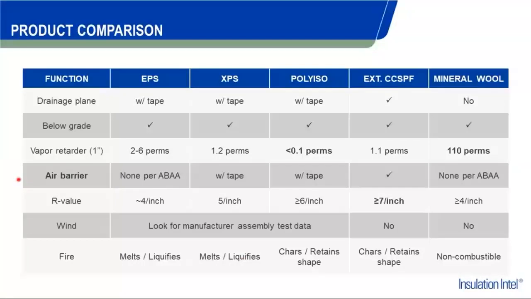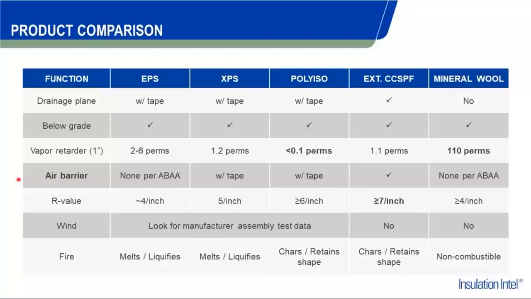R value-wise, each one of these hosts a different variety of R values, so if you're trying to reach a specific R value on the exterior, you would have to adjust the thickness in order to meet that. As far as wind is concerned, there are a number of different tests that manufacturers apply for and either pass, and can provide data to assist you if you're in a wind zone.